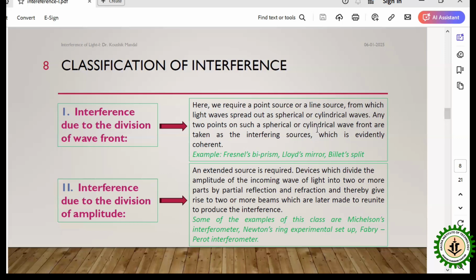Examples are the Fresnel biprism, Lloyd's mirror, and Young's double slit.